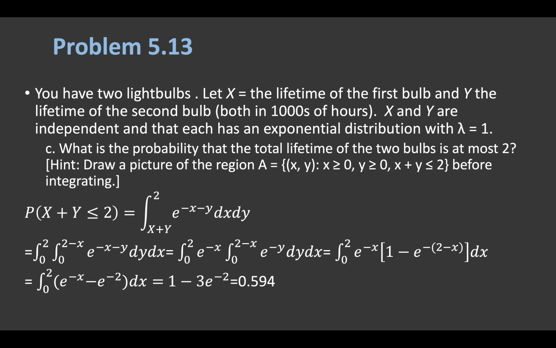If you remember how we did calculus before, for two random variables, or just two variables in calculus, this is how we do it. Basically, the maximum is x plus y equals 2.